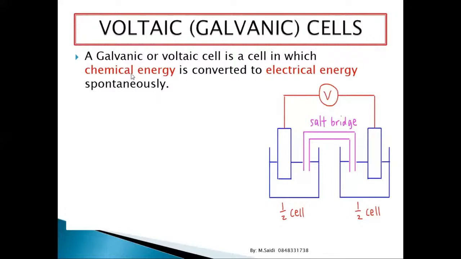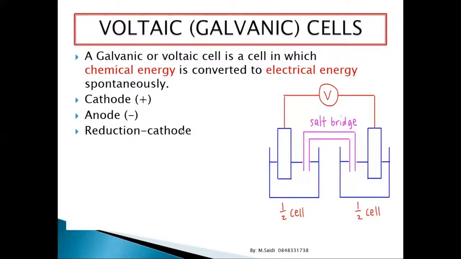The cathode is positive. Remember, in an electrolytic cell, the cathode is negative. And the anode is negative. Remember, in electrolytic, the anode is positive. So remember that the electrolytic cell is the reverse of the galvanic cell.